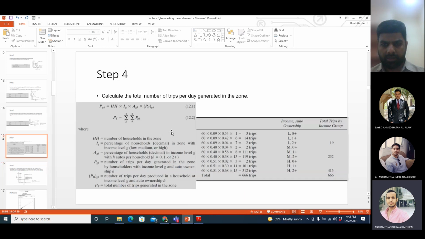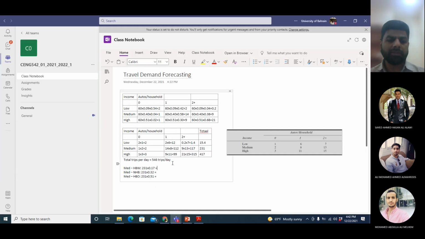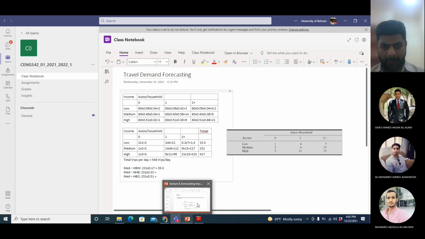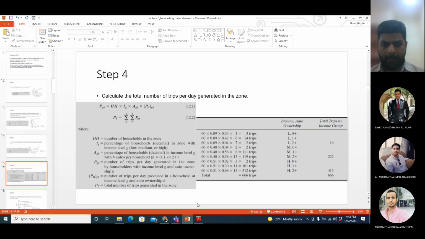I think we should have the percentages for the others as well. They should be there, but it is not shown. How much is this? 139.3. Again, you can do the rounding off, or you can just keep it as it is, no problem. 74.